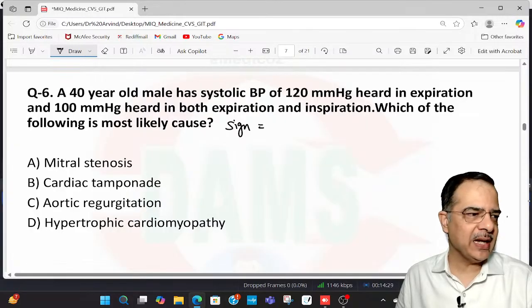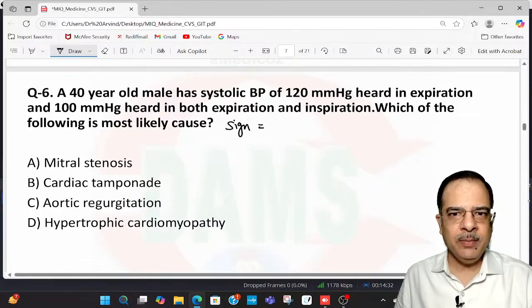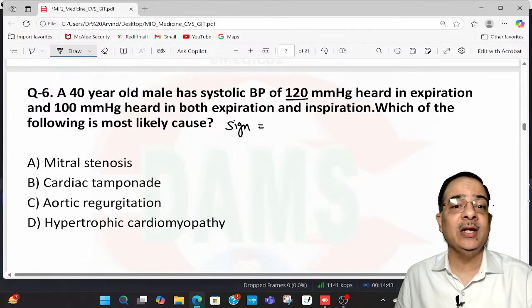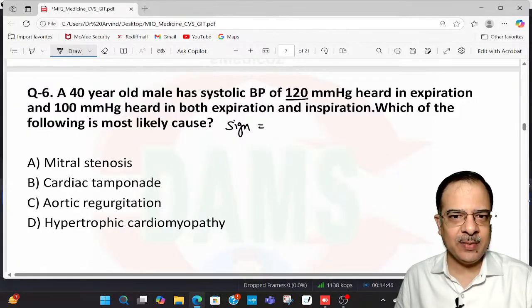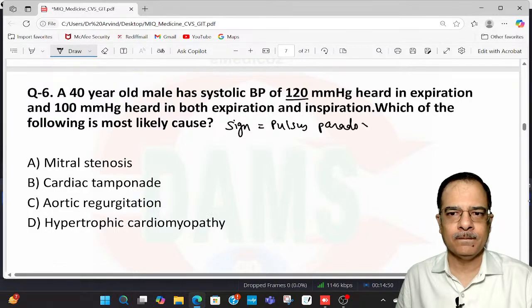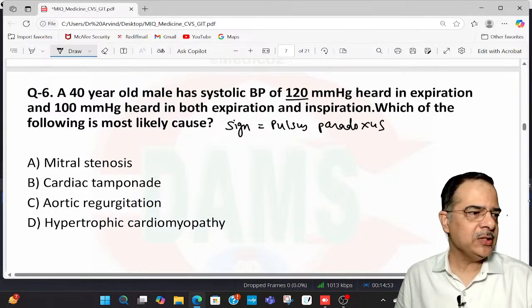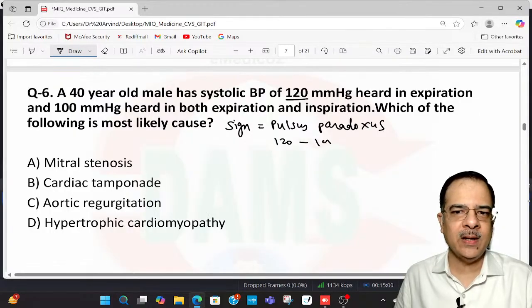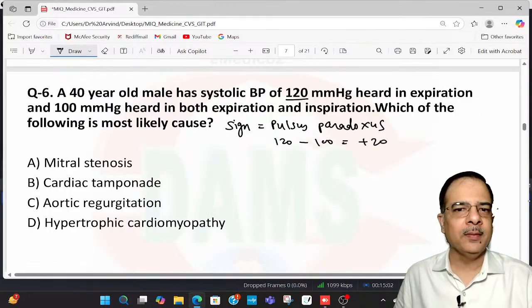The systolic BP of 120 is heard in the expiratory phase, and 100 is heard in both expiration and inspiration. This clinical sign is nothing but pulsus paradoxus. Here expiratory BP is 120, inspiratory BP is 100. So this is plus 20.